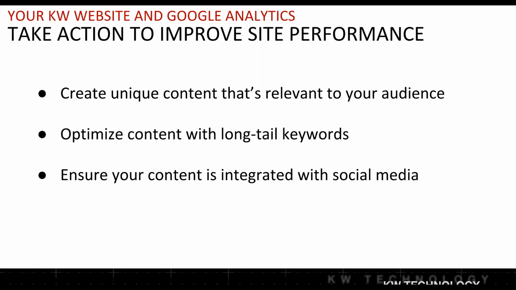However, if I put in "homes in Mueller neighborhood near the train station," very specific things that people might be looking for if that's my target audience, then maybe I get fewer views, but I can guarantee the people viewing it are probably more likely to engage with me because I've got what they're looking for. So pay attention to the keywords that you're using in your content.